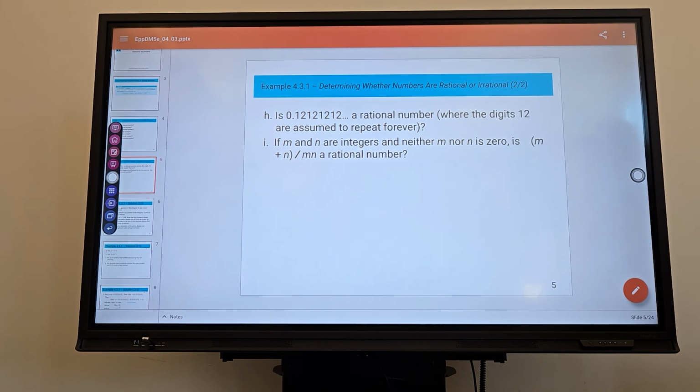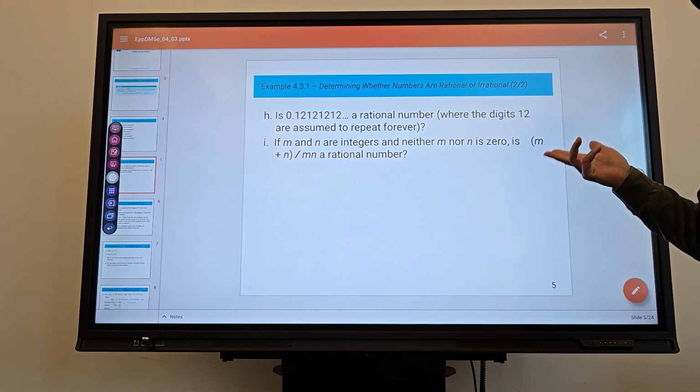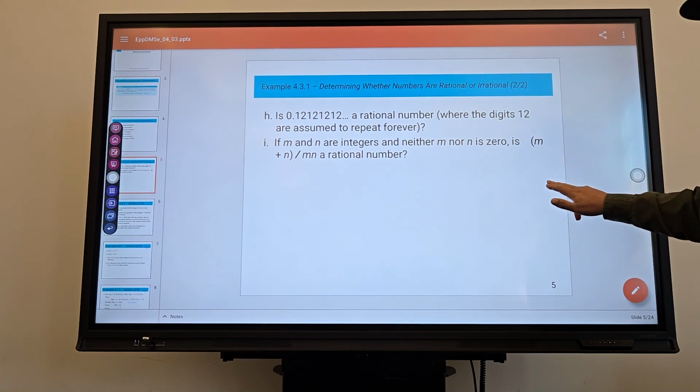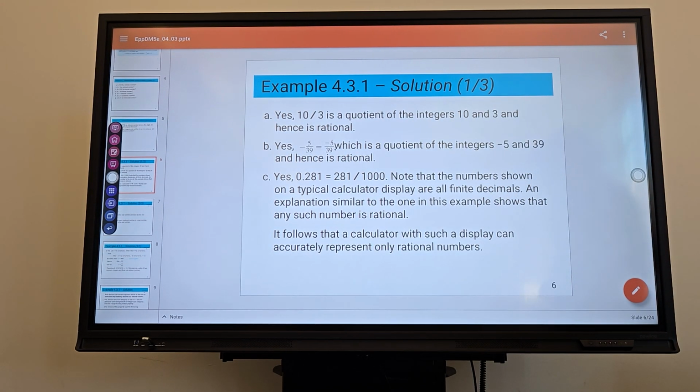Where m and n are integers and neither m nor n is 0, is m plus n over m times n a rational number? Yes, because the sum and product of integers are also integers, and the denominator wouldn't be 0. So, yes, yes, yes.